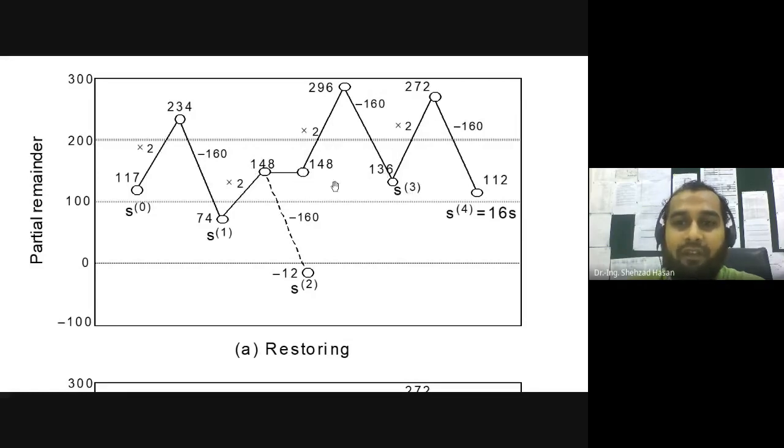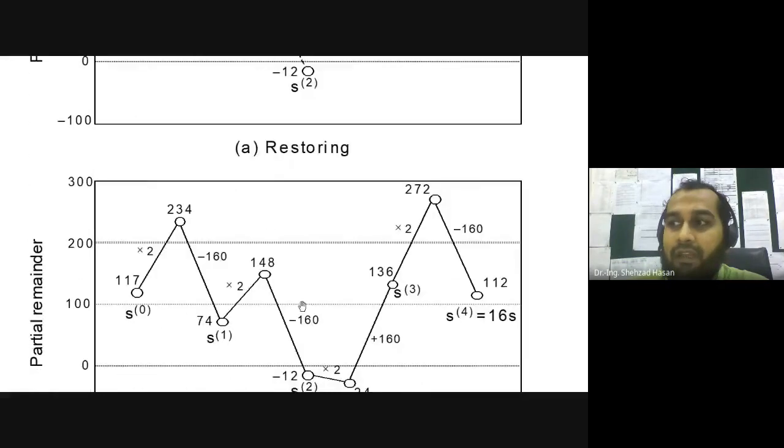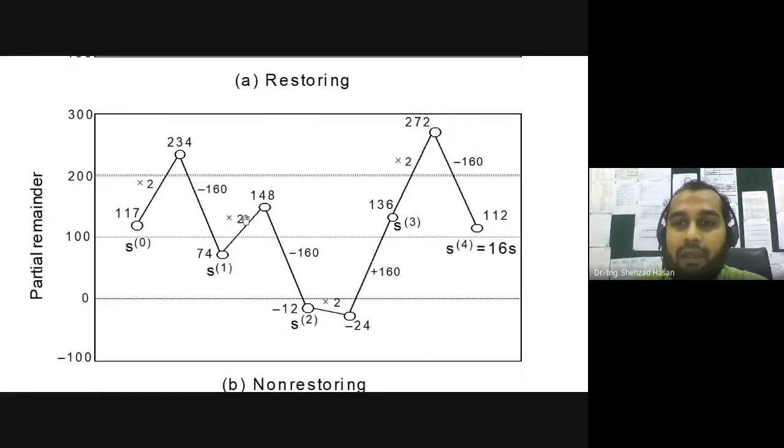In every step we are doing a trial subtraction. The problem is that sometimes we have to load, sometimes we don't. That makes the cycle a little problematic because we are waiting for that result, and it's a sequential step that takes some time. But here we are not waiting for it. We can preset our load signals.